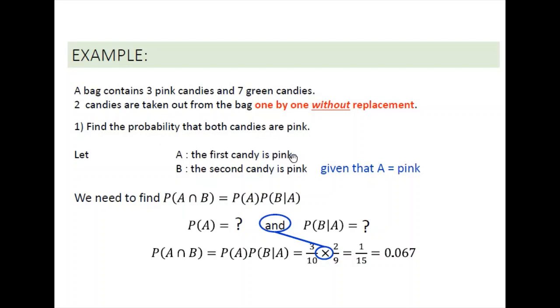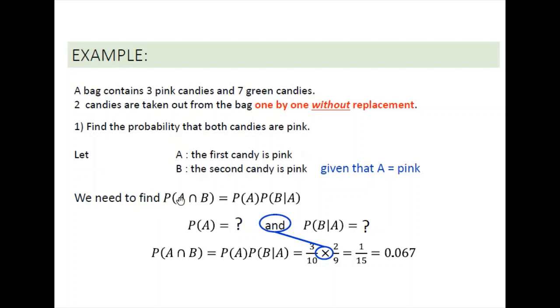Find the probability that both candies are pink. The event A is the first candy is pink, and the event B is the second candy is pink, because they are taken one by one. One of them is called the first one, and another one is called the second one.